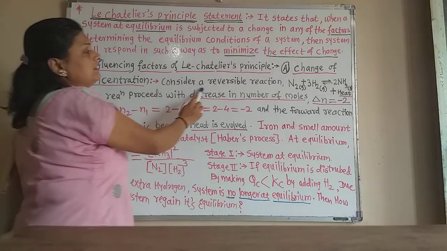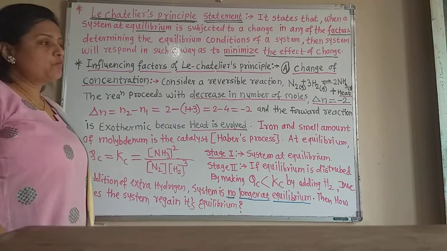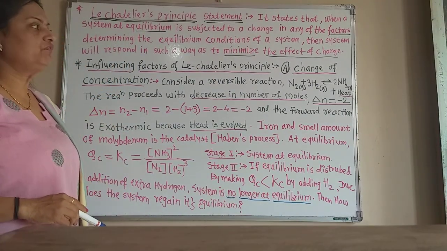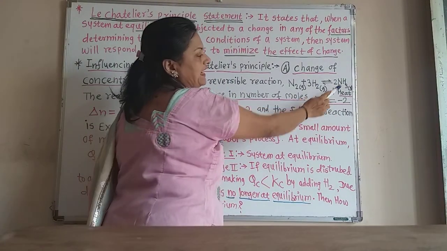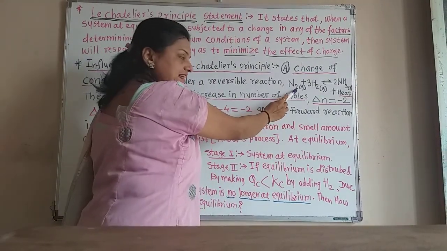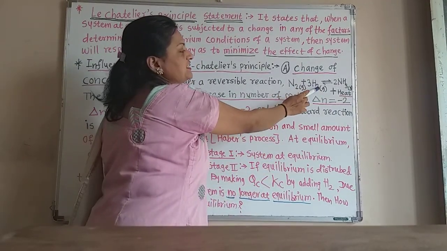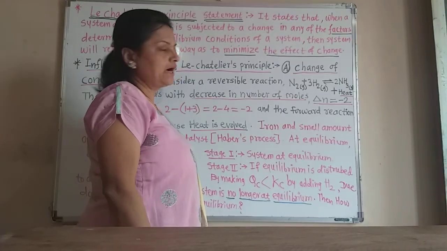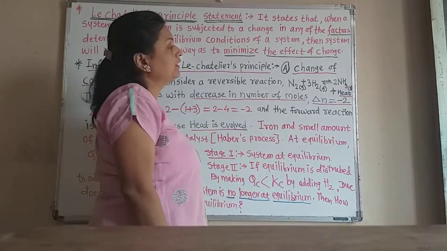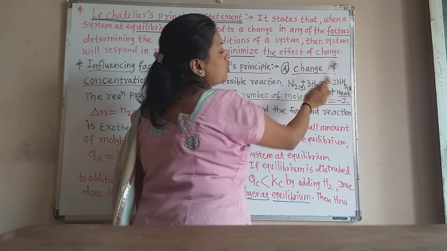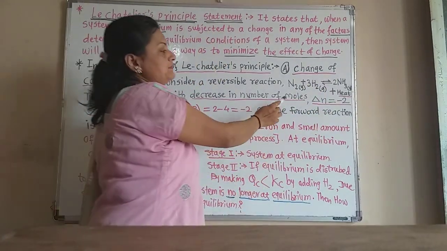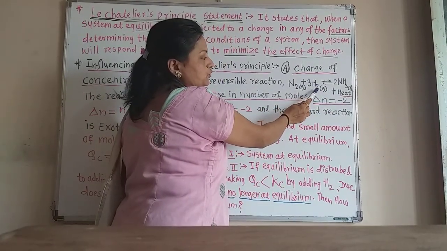Now consider a reversible reaction, the formation of ammonia. What do we require for the formation of ammonia? N2 gas, nitrogen gas, plus 3 H2, that is 3 moles of hydrogen and 1 mole of nitrogen, forms 2 moles of NH3, ammonia. Now this reaction is balanced. 3 into 2 is 6.